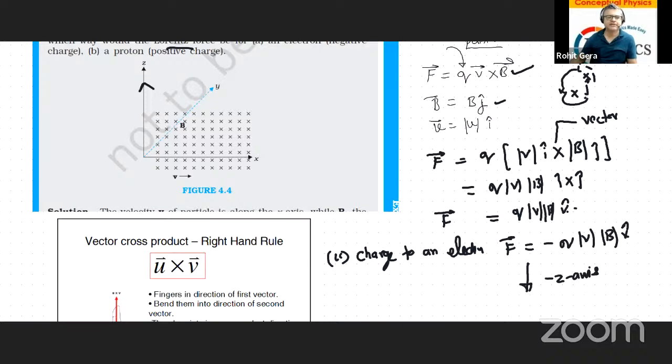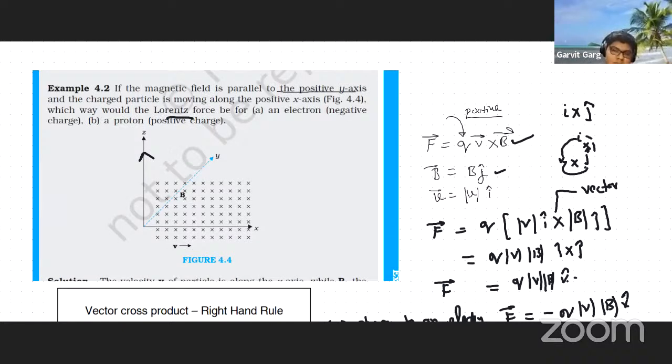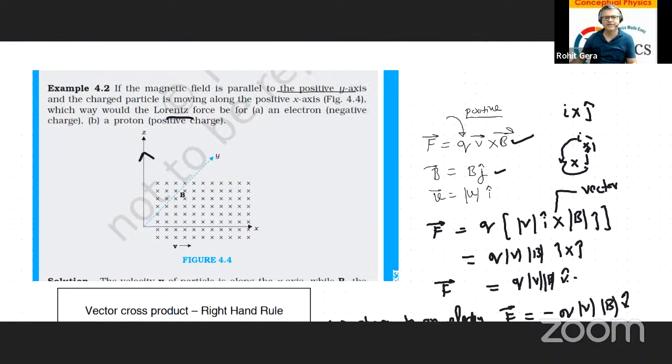So you can write using the very basic knowledge, right? If this had been a multiple choice question, fine. But since you also have to write in board, it's very important that you write, right? You cannot leave it to your mind. Okay?